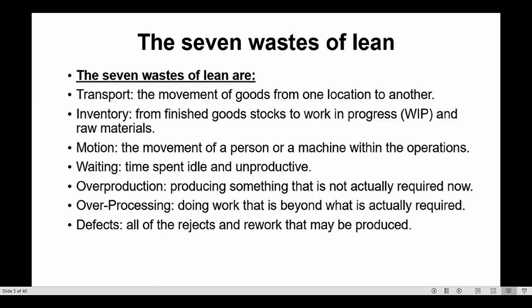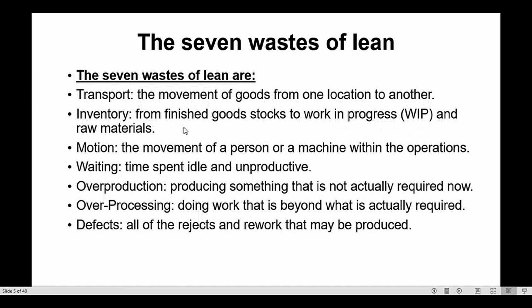Seven wastes of lean manufacturing. Transport: the movement of goods from one location to another. Unnecessary transport of goods, of labor, and of anything used in the manufacturing process is declared a waste. Second, inventory, from finished goods stock to work in process and raw material.